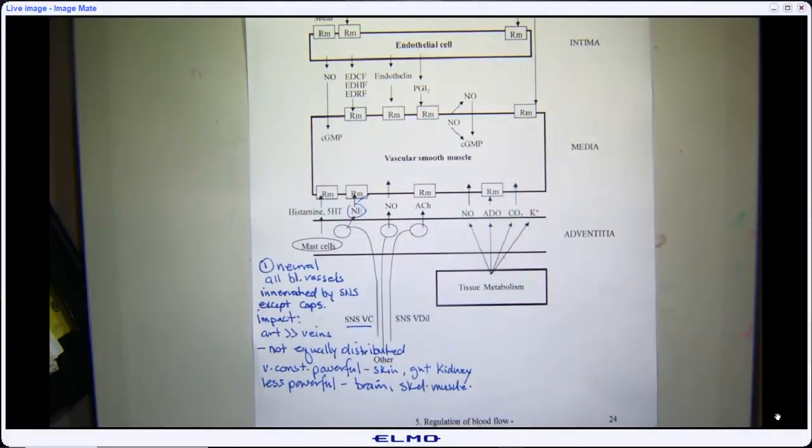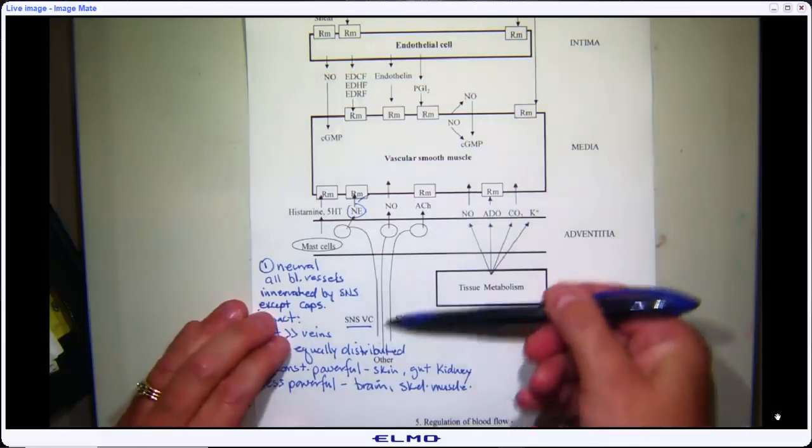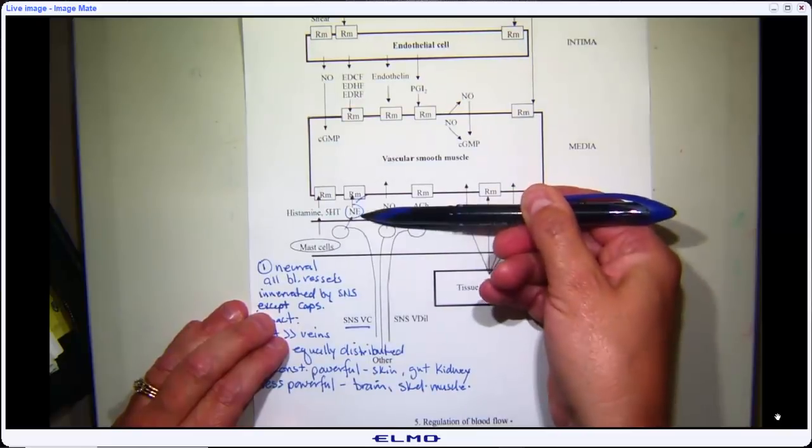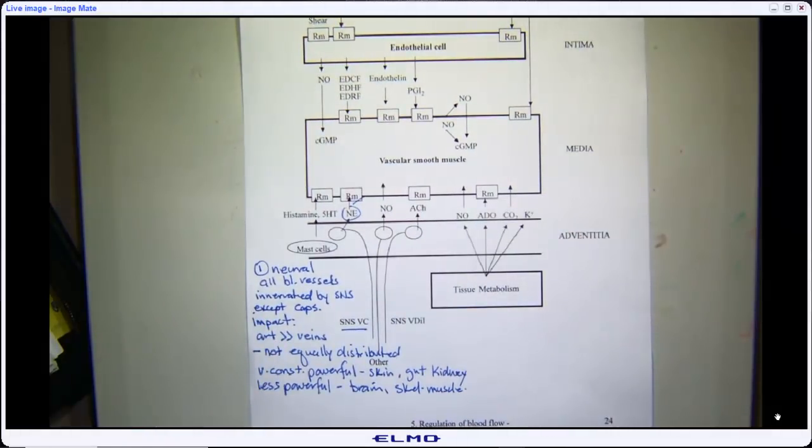The heart, not so much. Never a good idea to constrict blood flow to the heart, so we have to manage that somehow. We'll get to that in a minute. But that's just to introduce that this pathway of vasoconstriction, norepi on an alpha adrenergic membrane receptor population, is the common one to cause constriction, but it is not the rule.